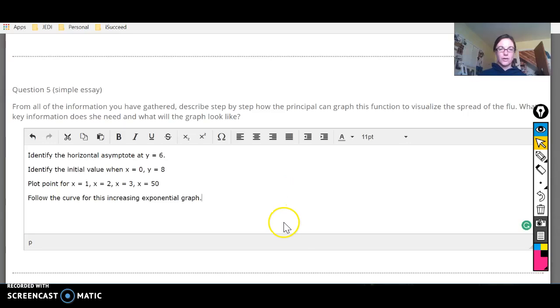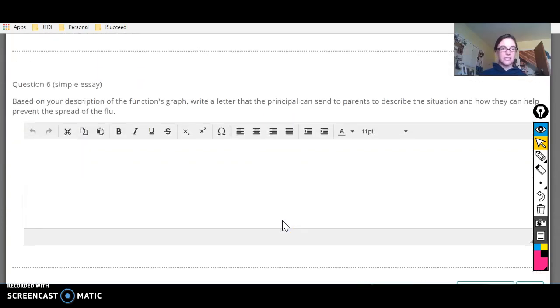Okay, so that is actually one more question. Based on your description of the function's graph, write a letter that the principal can send to parents to describe the situation and how they can help prevent the flu. I'm going to have you do this, but I want you to acknowledge to parents that the flu increases exponentially and the importance of keeping students home when they do have the flu.